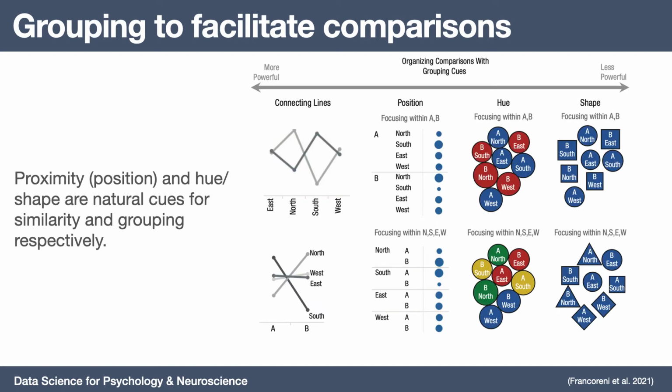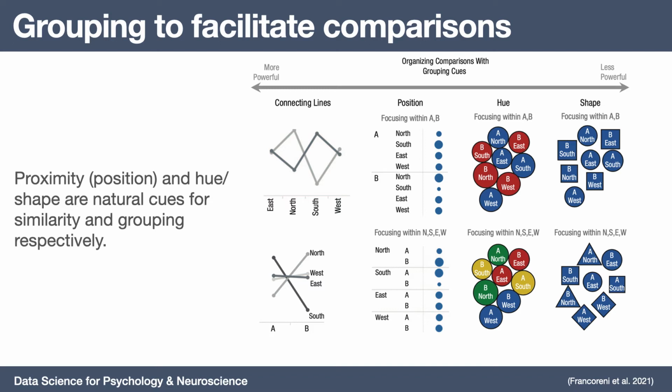Here are some examples of ways to use grouping that are more or less effective at quickly discerning groups. So for example, you can have connecting lines that have different colors, so it's very easy to see what is group 1 and what is group 2, in this case A and B. You can plot A and B, the same data, separately, but now just along their dimensions.